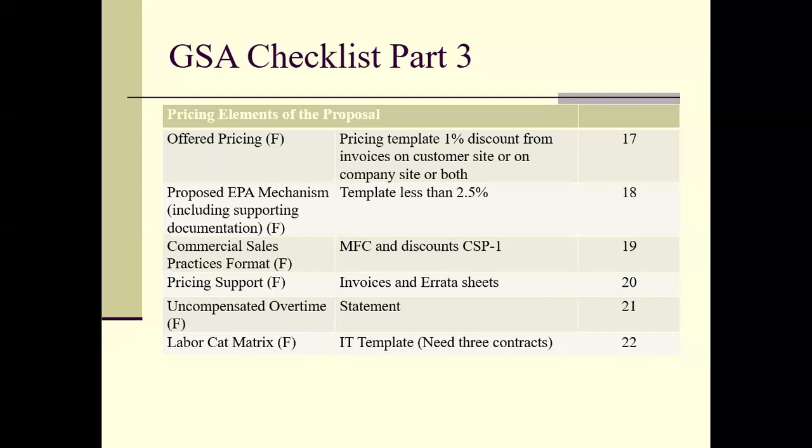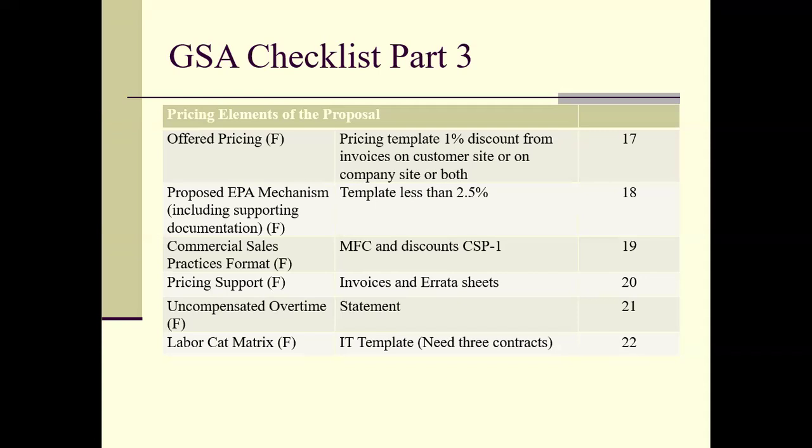The pricing support are your invoices or your errata sheets. And that's basically saying, here is the work that I've done. This is what I've charged a particular customer. And this is what, in fact, I'm going to charge based on a discount to GSA.